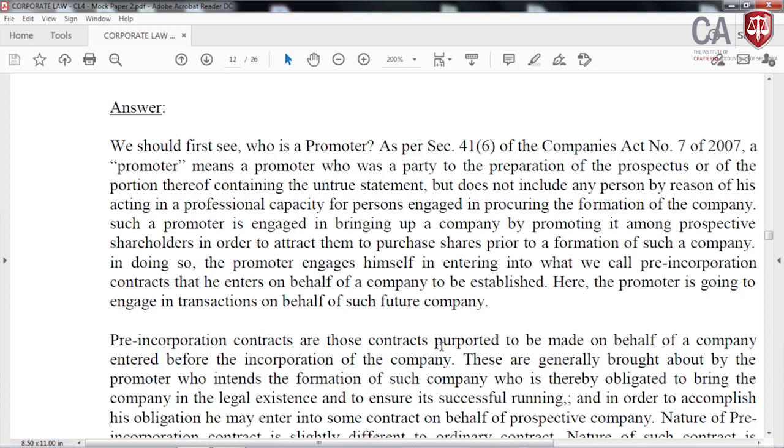Generally, the promoter enters in his own name, but stating that he is doing so on behalf of the company to be established in the future, or the future company. So, this is a very tricky situation in company law.